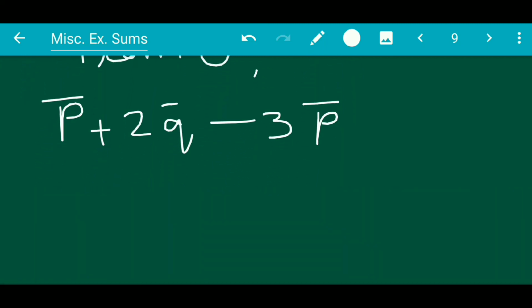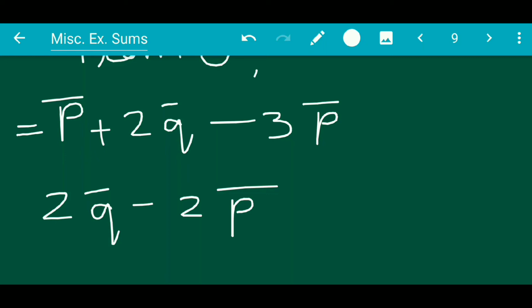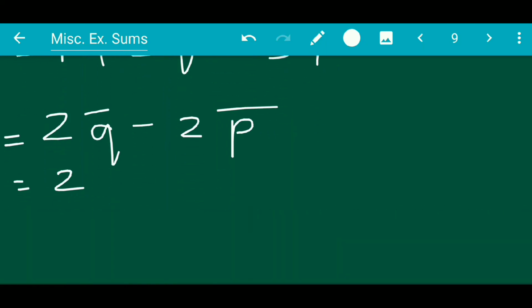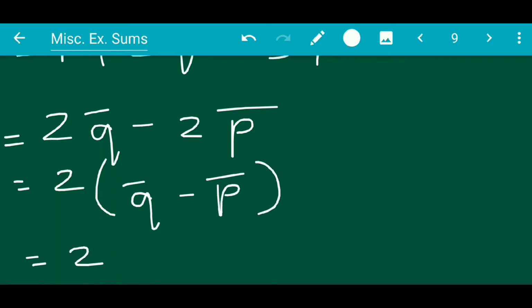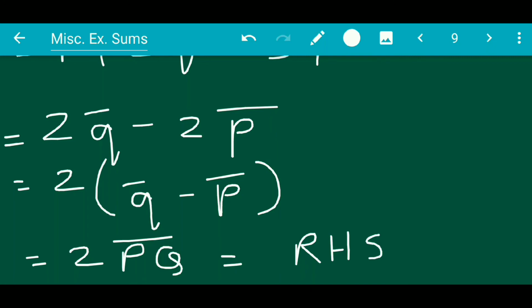Thus we are going to get 2Q minus 2P. So taking 2 common, we get Q minus P. Now Q minus P, we know that it is actually PQ bar. So 2 times (Q minus P) becomes 2PQ bar, which is our RHS. And thus we prove the sum.